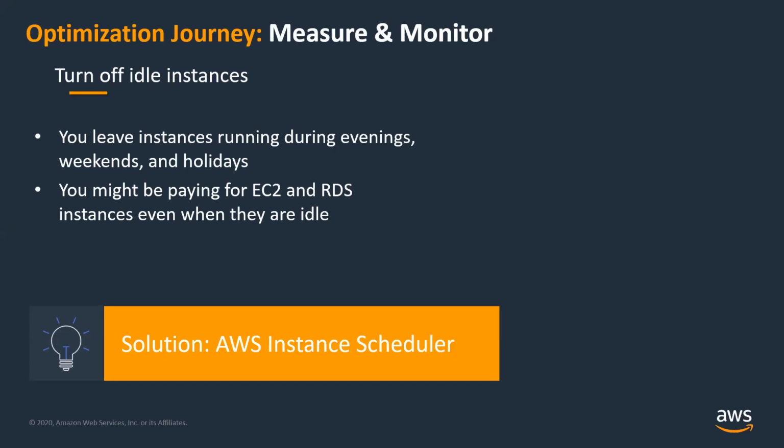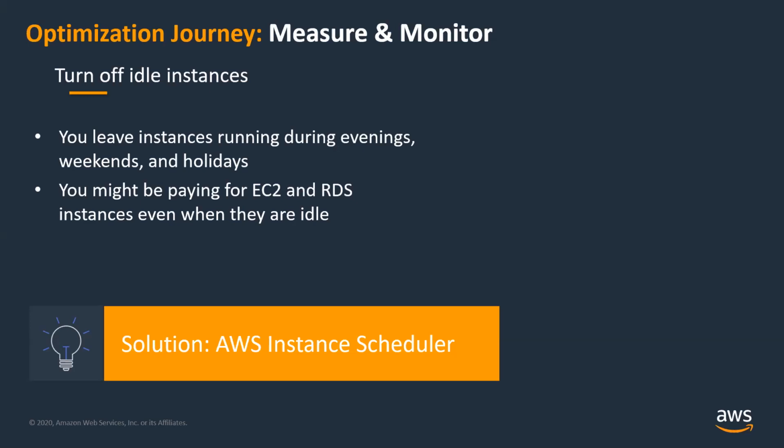And AWS has made it easier to operationalize instance scheduling across all the accounts by providing a pre-built CloudFormation-based solution called AWS Instance Scheduler. And basically this AWS Instance Scheduler is a very simple AWS-provided solution that enables you to configure custom start and stop schedules for your EC2 and RDS instances.